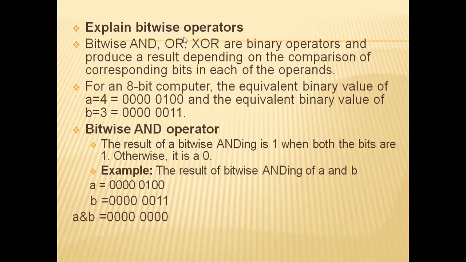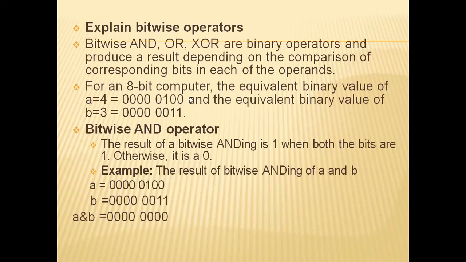As we said before, these are used to perform operations on bits. For example, if you consider A is equal to 4, and write the 4 in 8-bit format, then 4 is equal to 0 0 0 0 0 1 0 0.